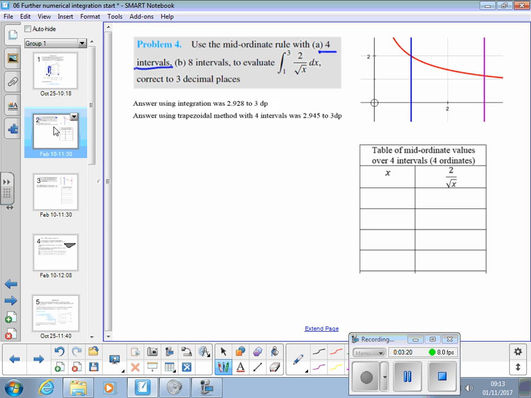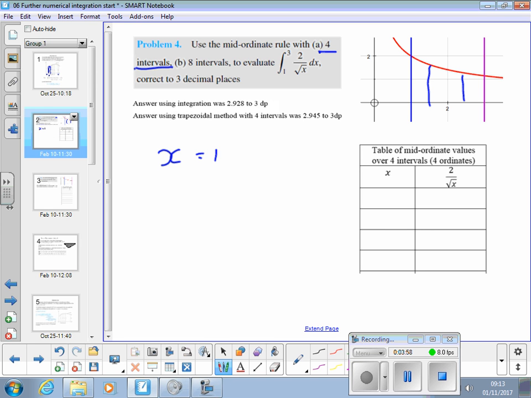We're starting at x equal to 1, and we're splitting it into 4 intervals.